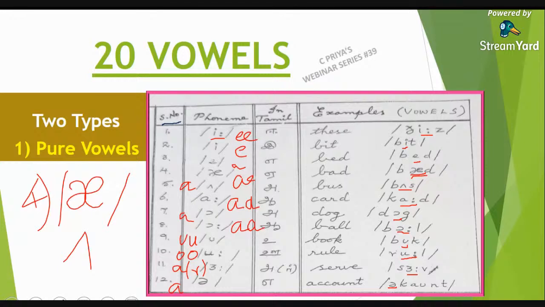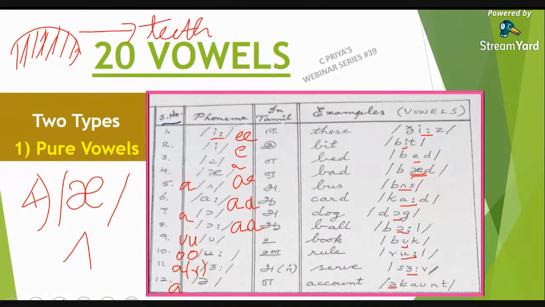You will find the number of lines behind your teeth. This is what is called the teeth ridge, right? So here the tongue touches. When the tip of the tongue touches, we have this symbol. Okay, now I will clear it.